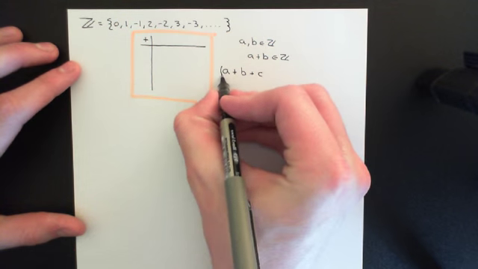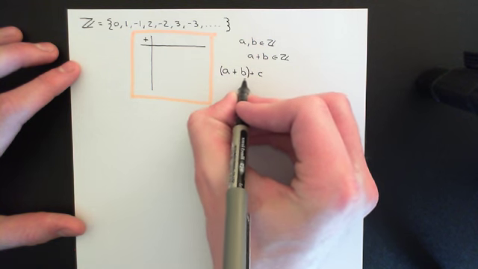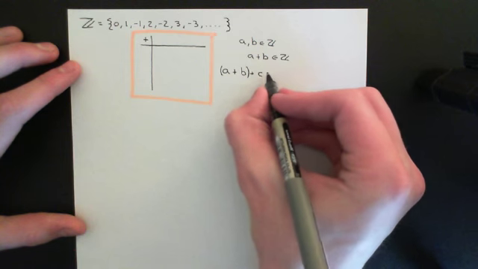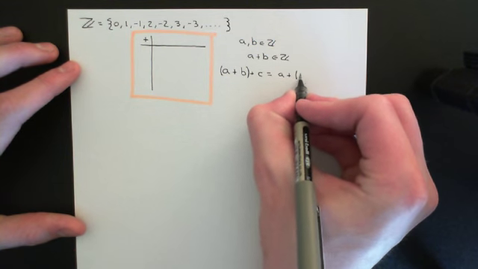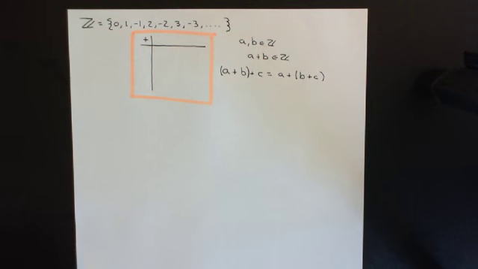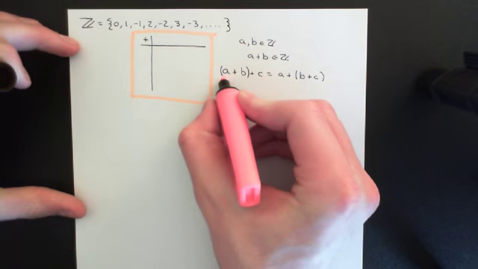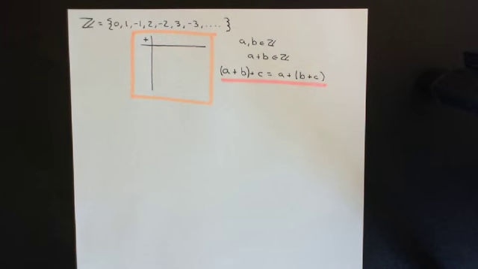You can either put the brackets around a plus b, take that answer first and then add it to c, or you can take a and add it to the answer of b plus c, and it does not matter which way you do this. So addition on the integers does obey associativity.